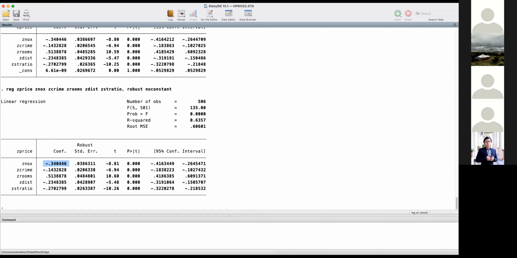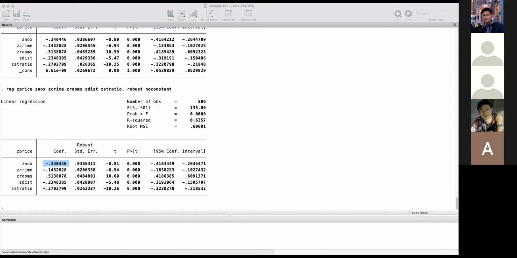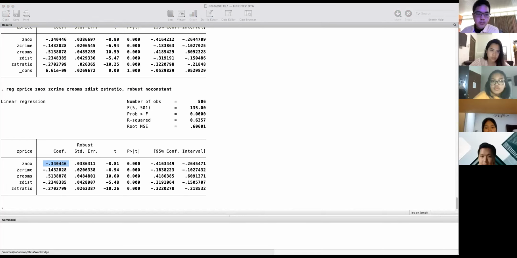Okay, Pramudio is not with us. Kayandra, can you provide an interpretation for the nitrogen oxide variable? Okay, so anyone in general?